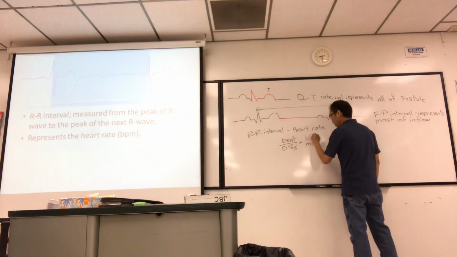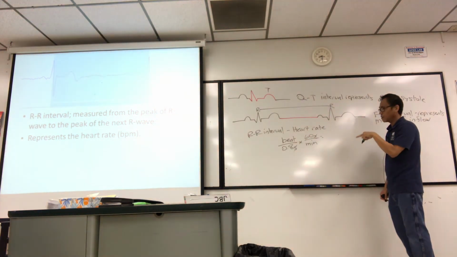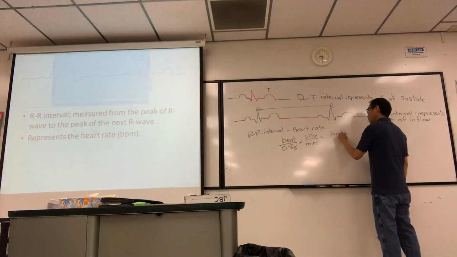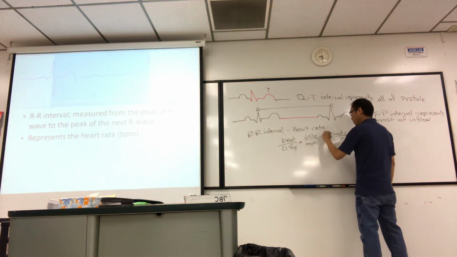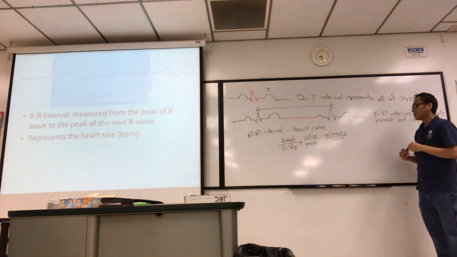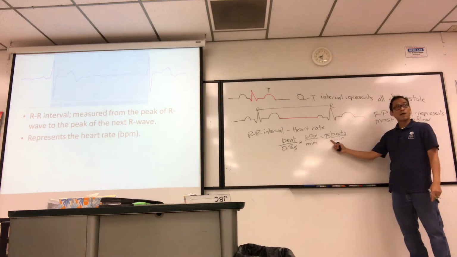Seconds cross out. I won't even do the numbers, but what are the units? Beats per minute, right? So anyway, 60 divided by 0.8 is 75. That's our garden variety. What if you're younger and your heart rate is slower than that?